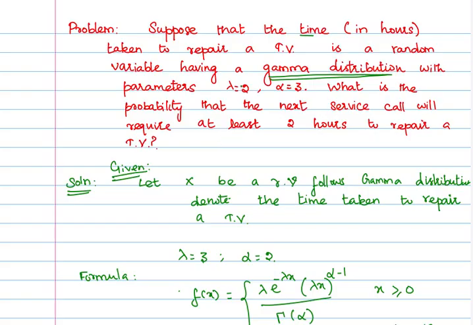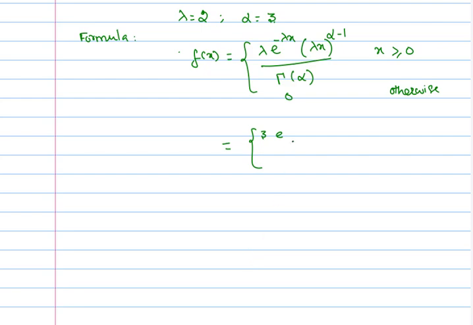Sorry, I wrongly wrote it. Lambda equals 2, alpha equals 3. Please correct it. So f of x equals 2 times exponential of minus 2x times 2x to the power 3 minus 1, which is square, divided by gamma of 3, and 0 otherwise.